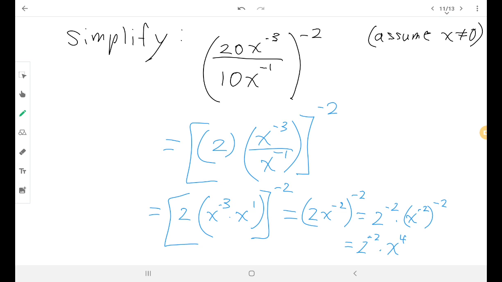That's a perfectly acceptable way to write it, but I could also say this 2 to the negative 2 is the same as 1 over 2 to the second, so this could be x to the fourth over 2 to the positive second, which would be the same as x to the fourth over 4. That is another way to look at it. I will pause for a moment and let you look at that, see if there are any questions.